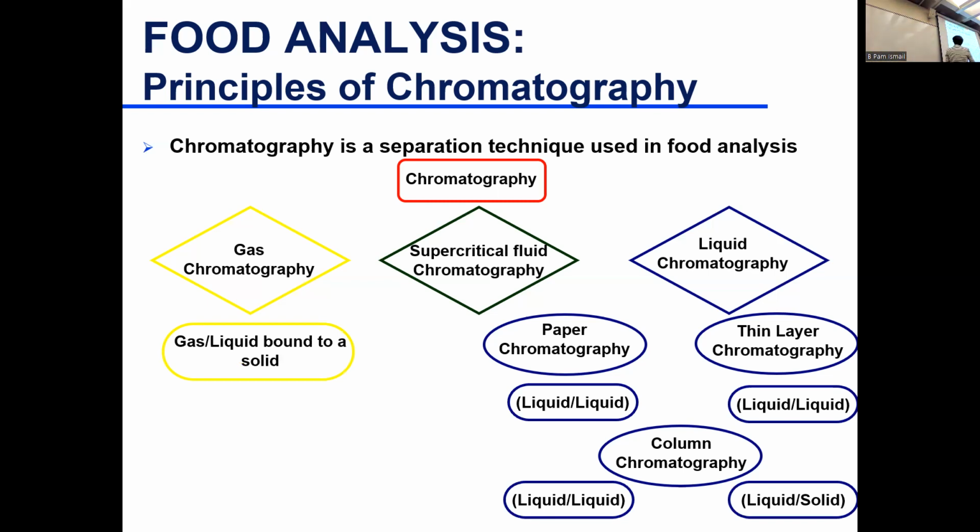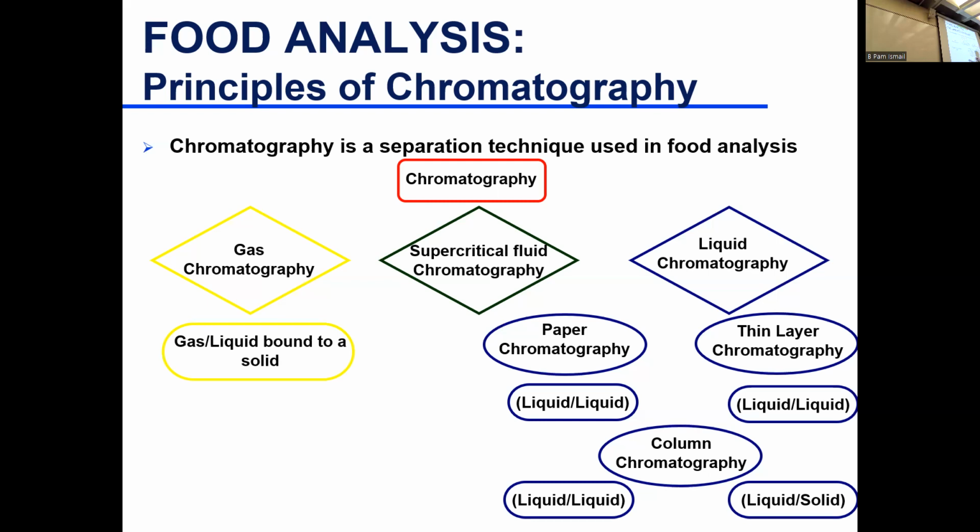The other thing that you need to learn is gas chromatography. When we say gas or liquid, your mobile phase is either gas or liquid. So GC, gas chromatography, means your mobile phase is gas. Liquid chromatography, your mobile phase is liquid.